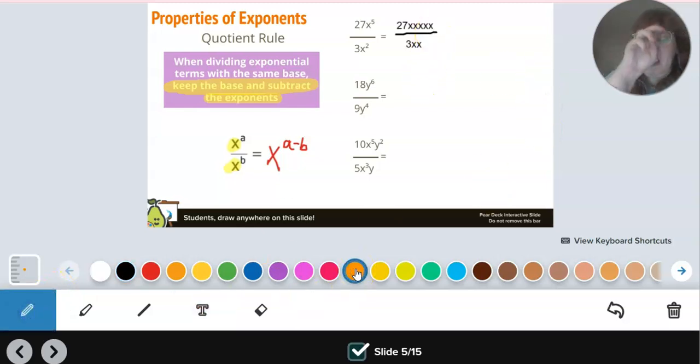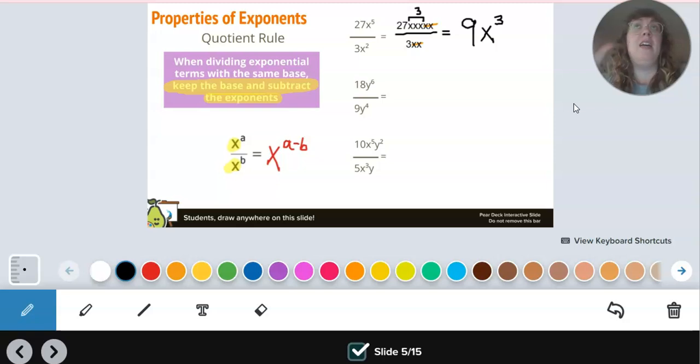Now what we're going to notice is 2 of these x's can cancel with 2 of these x's. And that leaves us with 27 divided by 3, which is 9. And then we only have 3 x's left, so an x cubed.